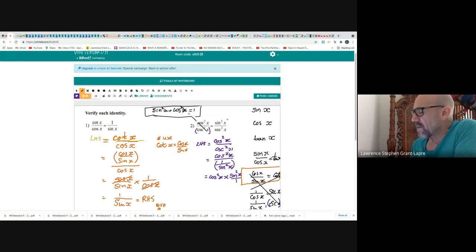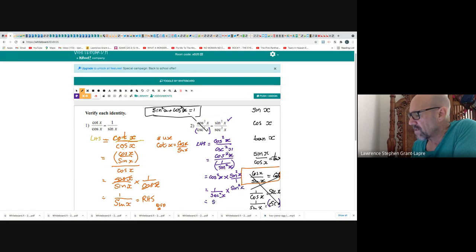Now I've got cos squared x times sine squared x, but now I'm going to replace cos squared x with sec squared. I'm going to say that cos squared x equals 1 over sec squared x, and that equals sine squared x over sec squared x, and we're finished.